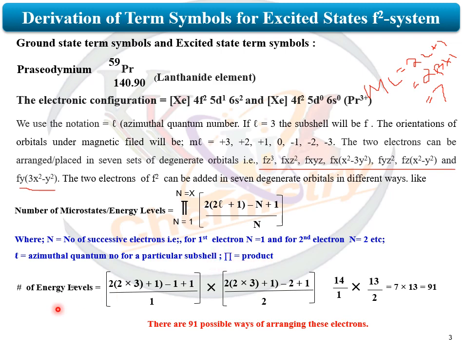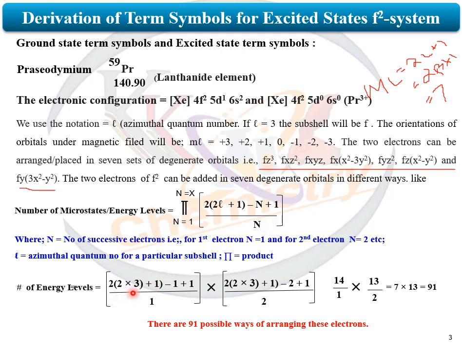So now we are trying to find the number of energy levels. The formula is the product of 2 into 2l plus 1 minus n plus 1 up to n.